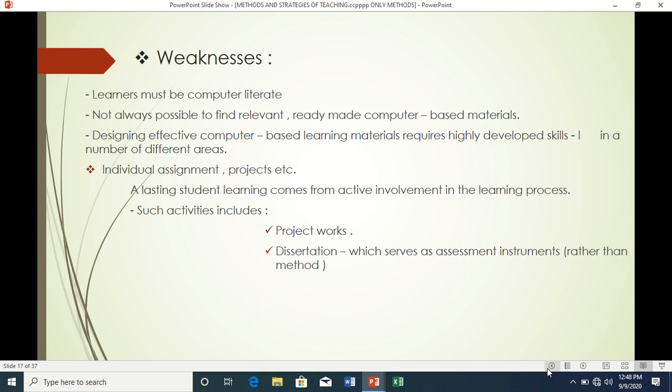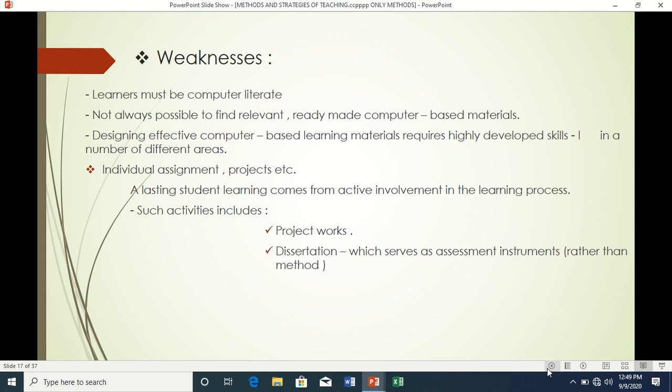And we are saying that under that, learning comes from active involvement in the learning process. If the student is not involved in what is being taught, we agree that change of behavior does not last.